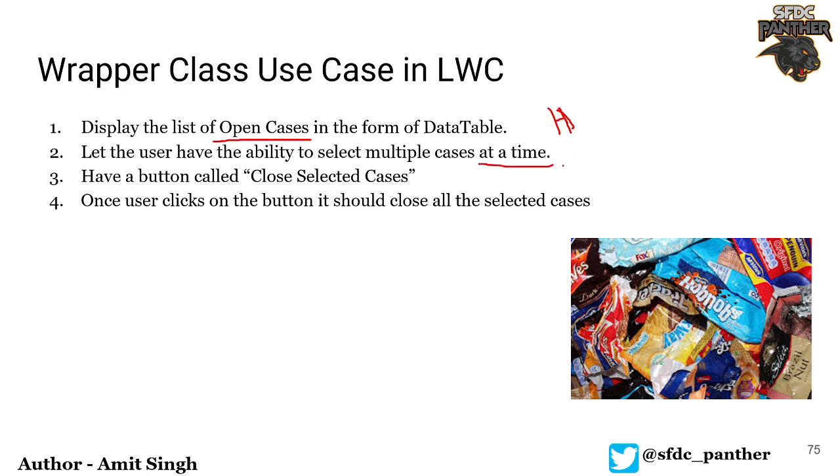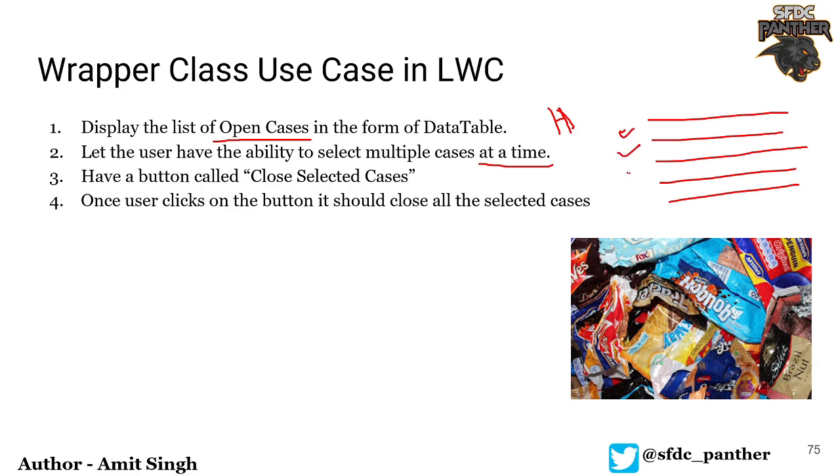So suppose that we are displaying cases in the form of a table, and we are going to give a checkbox next to each case. The user can select multiple cases, and then there will be a button called Close Selected Cases. If they click on this button, it is going to update all the selected cases, and those cases will be closed.